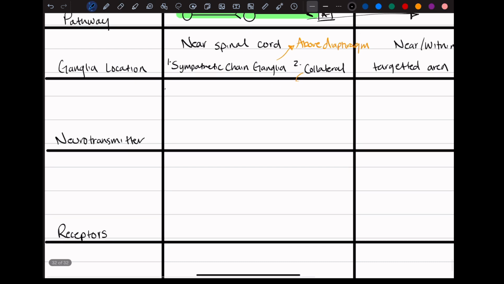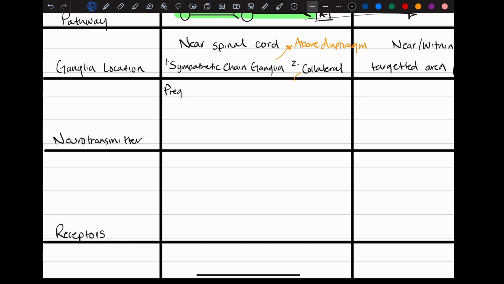For preganglionic, we are going to use acetylcholine, which we'll just use that subscript.